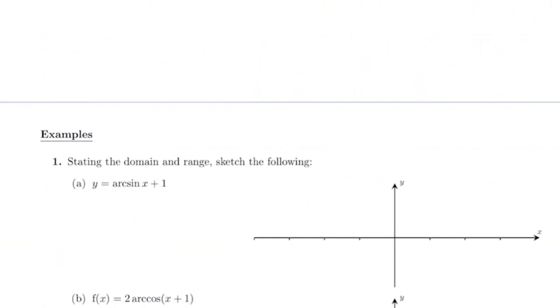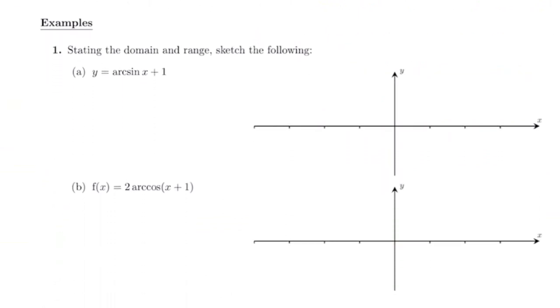Of course, if we can sketch curves, we can also transform curves. And if you look, we've got 2 here to do. The first one is arc sine of x plus 1, which is a translation of plus 1 in the y direction. So any x values stay the same, any y values we add 1 to.